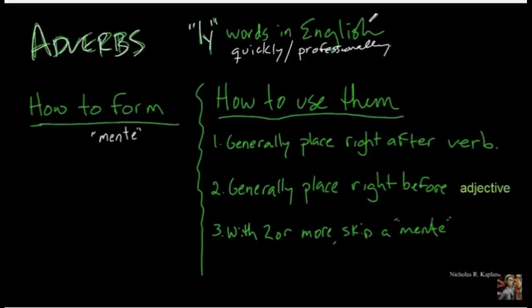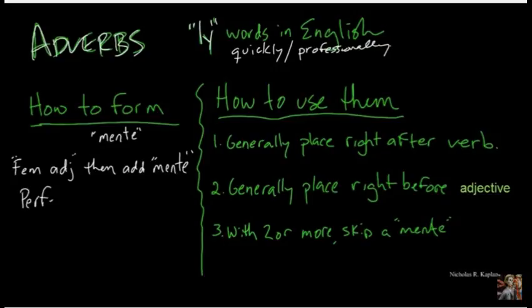So when we're forming them, we need to start with the feminine form of an adjective, and then we add mente. So if we wanted to say perfectly, for example, we would say perfecta, which is our feminine adjective of perfect, and then add mente. Perfectamente. Wow, it's pretty easy.